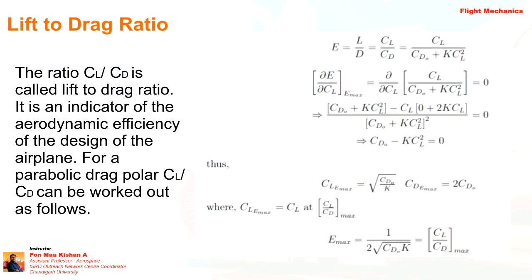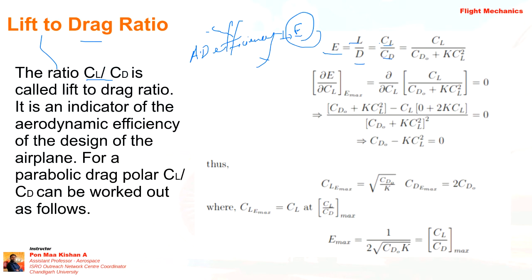So CL and CD give the lift to drag ratio, otherwise called aerodynamic efficiency, which is represented with E. So E is given by L by D, and correspondingly L by D can be given as CL by CD.